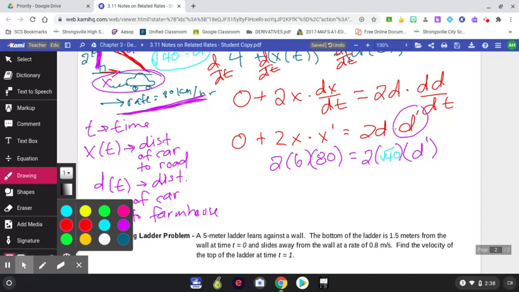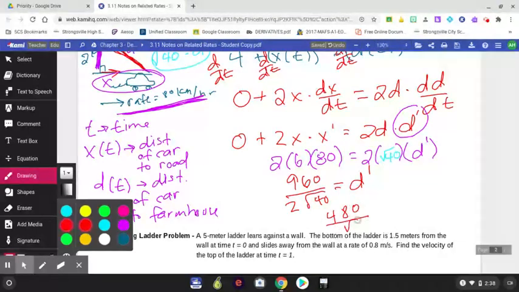I have 2 times 6 times 80. What's that give me? 960, divided by 2 square root of 40 is equal to d prime. I can clean that up a little bit: 960 divided by 2 is 480, divided by square root of 40 equals d prime.